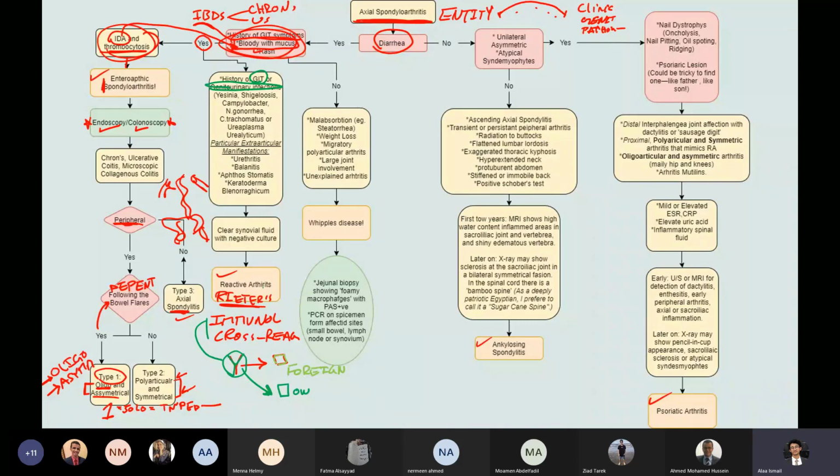It's an arthritis, an antibody directed towards your joints. Antibodies directed to your joint. Sorry, reactive arthritis preceded by infection of the gastrointestinal or genitourinary tract.